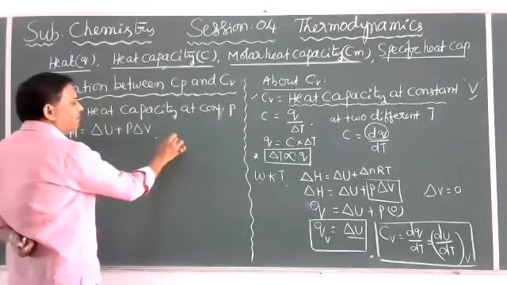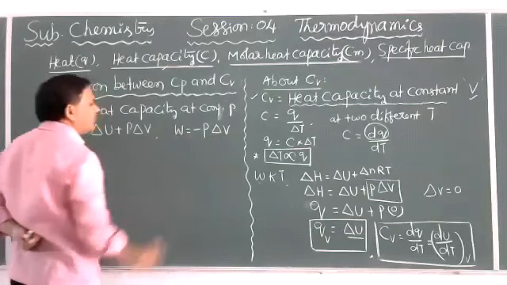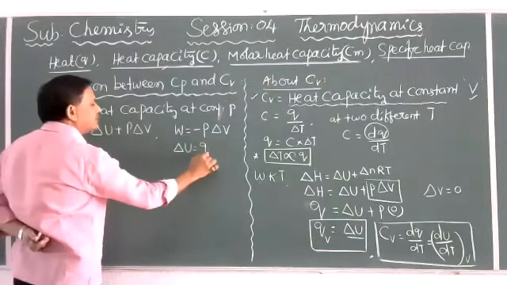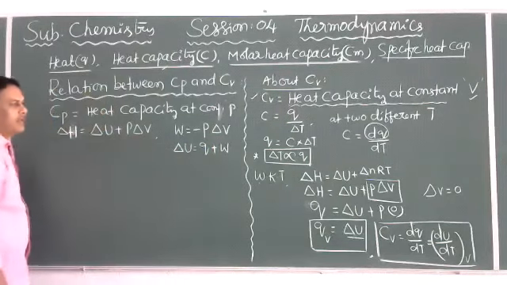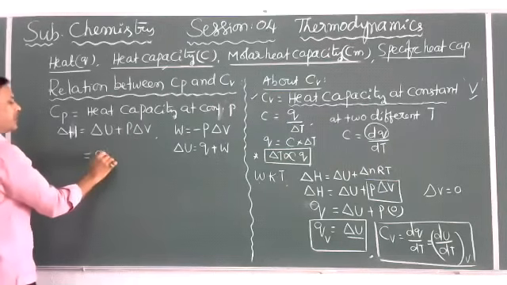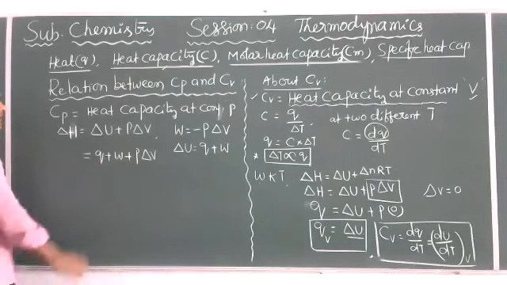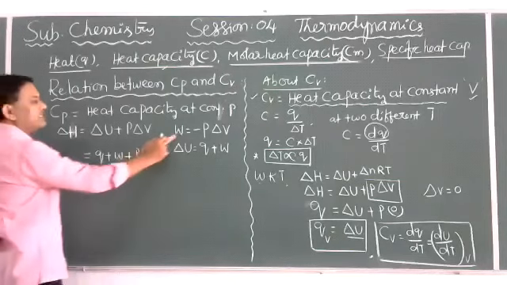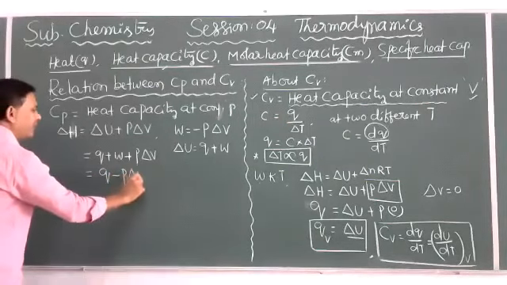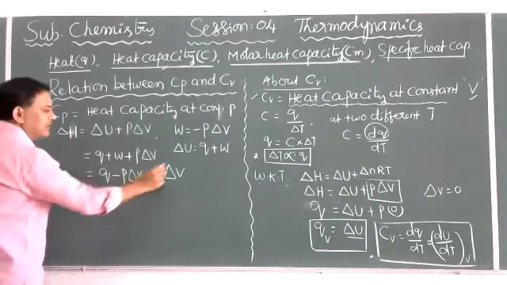According to the work done, W is equal to minus P delta V, we know, and according to the first law of thermodynamics, delta U is equal to Q plus W. So instead of this delta U, we can write in this expression Q plus W plus P delta V. Now work done W is equal to minus P delta V. That's why Q minus P delta V plus P delta V, the minus P delta V and plus P delta V get cancelled.